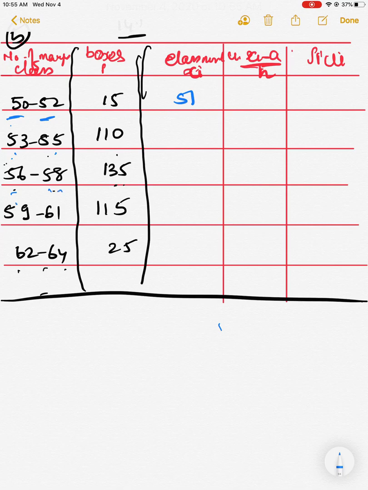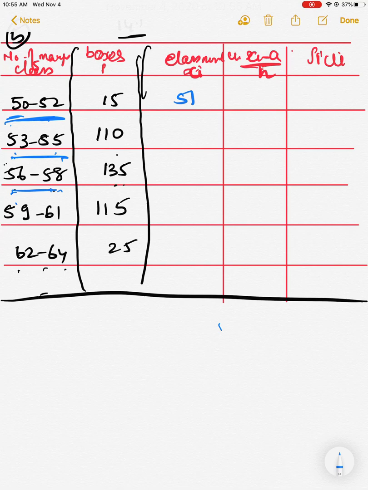But the thing is that it is not continuous. 50 to 52, 53 to 55, then 56, there is a gap. So it is a discontinuous frequency table. To get the class length or class size, we should make it continuous. How?